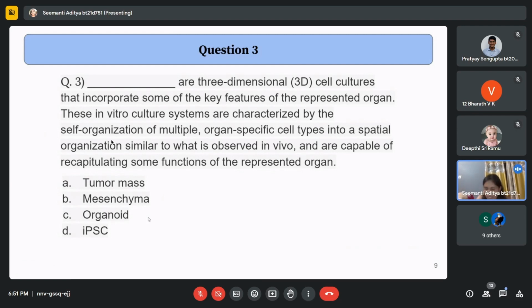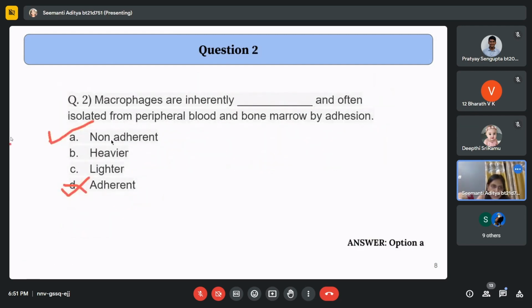Yeah, Vijay, I think I have somehow not seen the correct answer, because I also remember it being adherent. So this question I'm having a little doubt. I will check once.